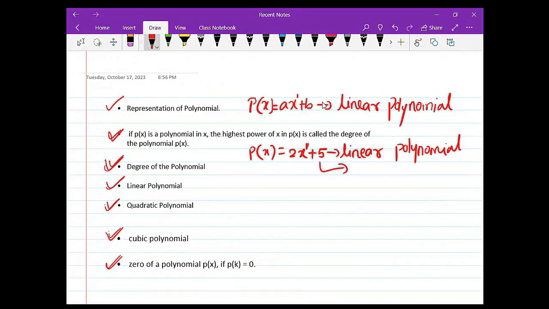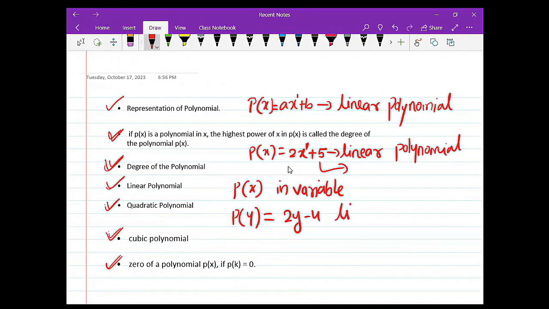We denote a polynomial as p of x. P of x means the polynomial is in variable x. Then what if the variable is y? We denote it as p of y. For example, 2y minus 4.